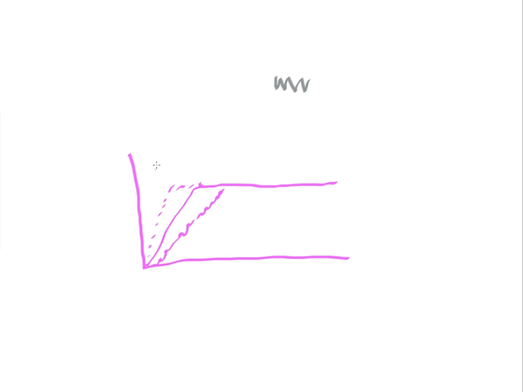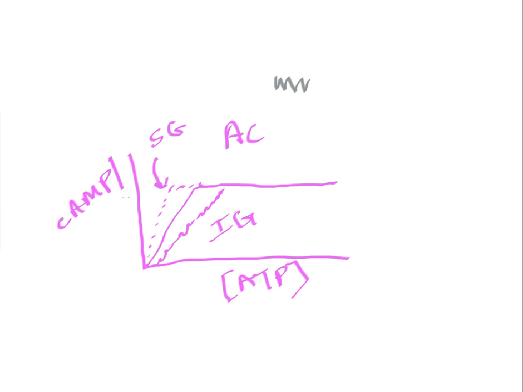So this would be stimulatory G, and this would be inhibitory G effects on AC. What's the x-axis? What's the y-axis? Yowza.